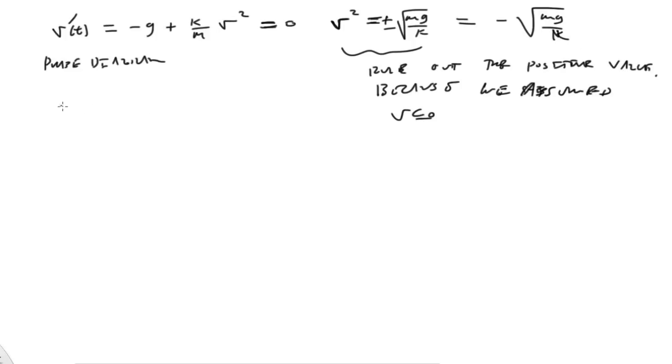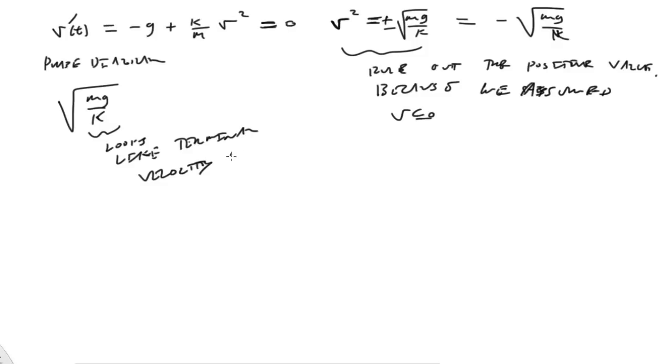So we should also then revisit this thing about mg over k. I said that this looks like the terminal velocity of the linear case, but it's not.